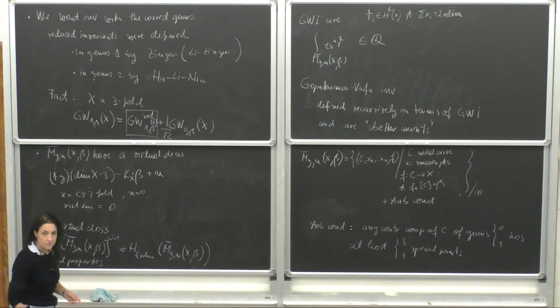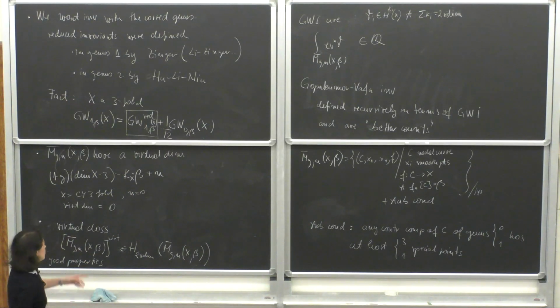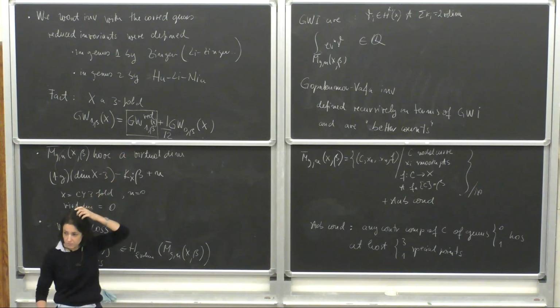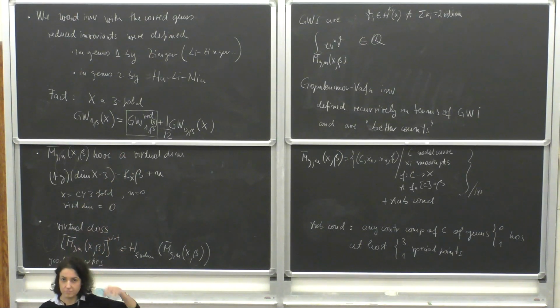So the construction is in any dimension, but the formula is just for dimension 3. I'm not sure I know how the formula looks in general. It's a more complicated formula, I don't remember it.